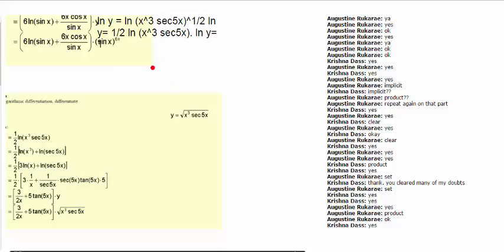So that would be 1 over 2, then we have ln x to the power 3 plus ln secant 5x, isn't it?